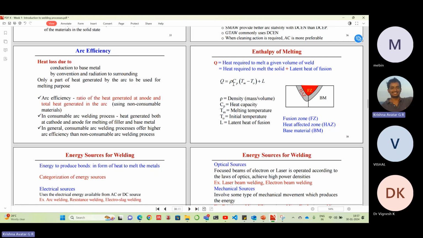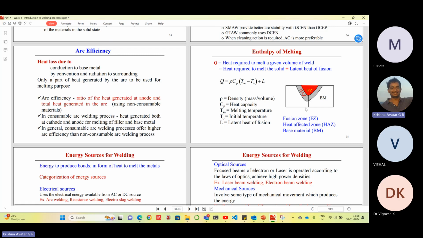For this, we require rho times Cp times delta T, which is Tm minus T naught. Then at the melting temperature, we further require more energy for phase transformation, for the solid to change its phase from solid to liquid or molten form.